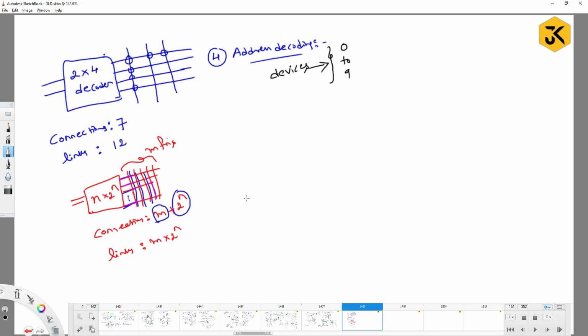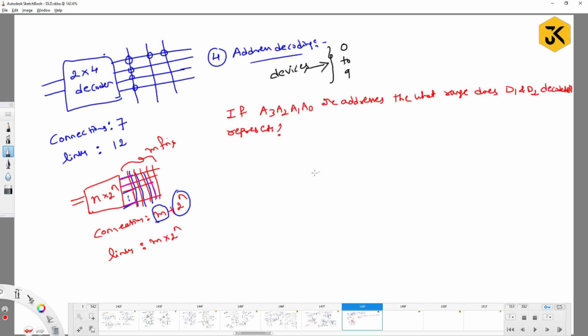Okay, for example, let me write a question. If A3, A2, A1, A0 are addresses, you can note down, then what range does the D1 and D2 decoder represent?